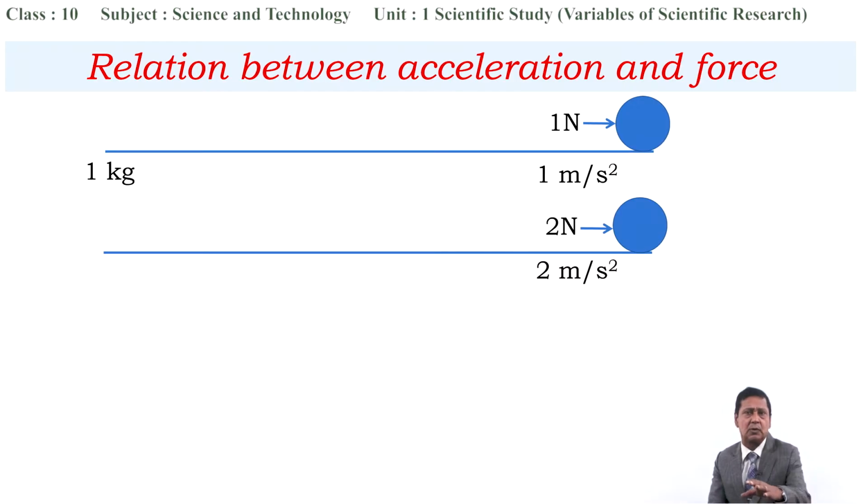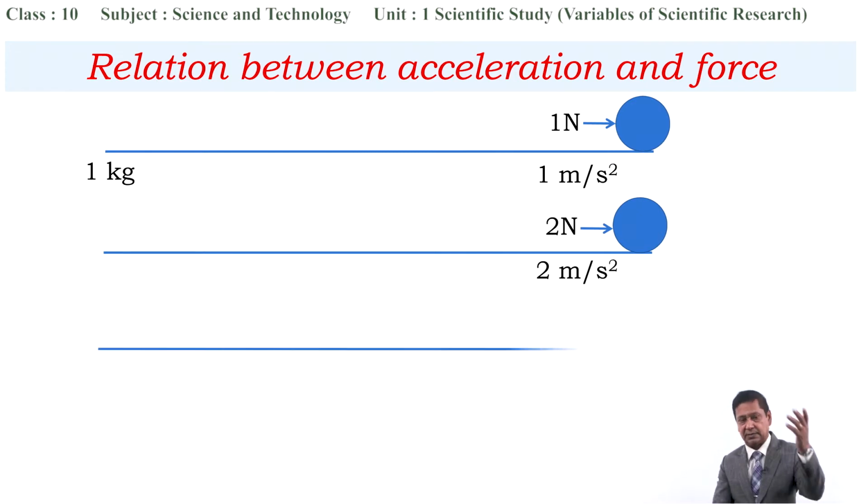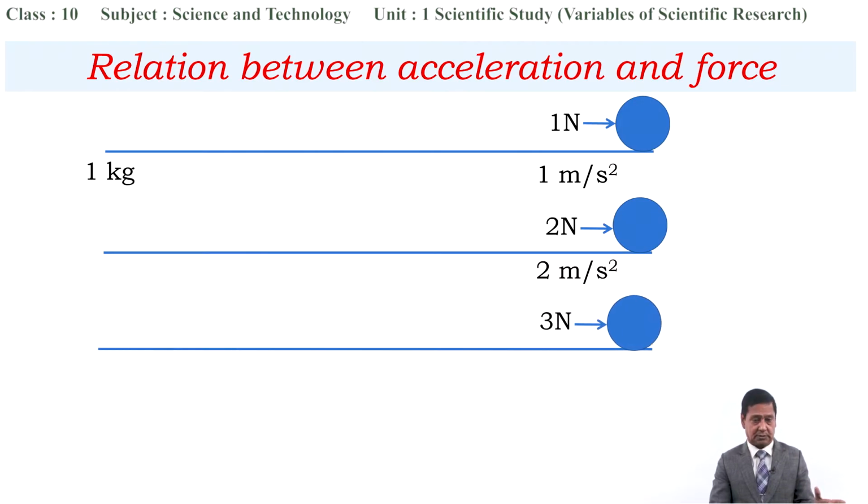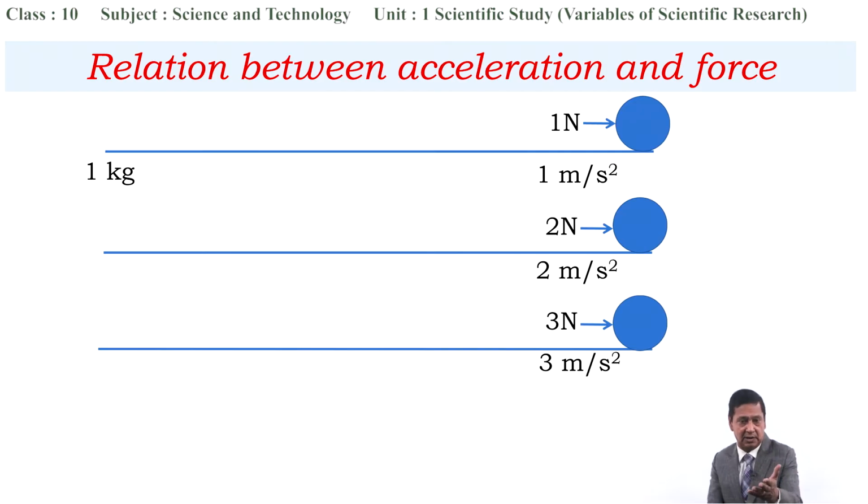When 1 Newton force was applied, acceleration was 1 meter per second squared. When 2 Newton force is applied, acceleration increased to 2 meters per second squared. Now let's increase the value of force again. If we apply 3 Newton force, then look at this, the body is moving faster than the previous. At this time, acceleration is greater than the previous, it is 3 meters per second squared.